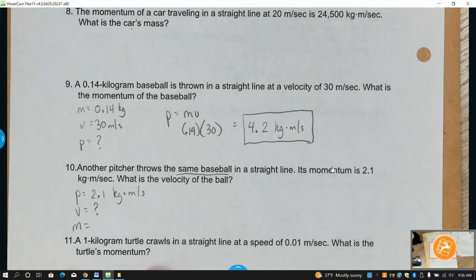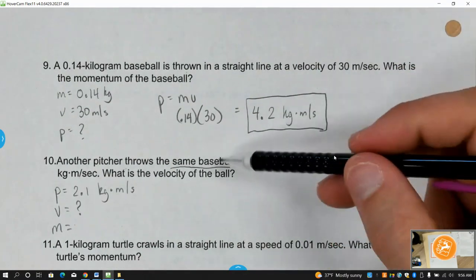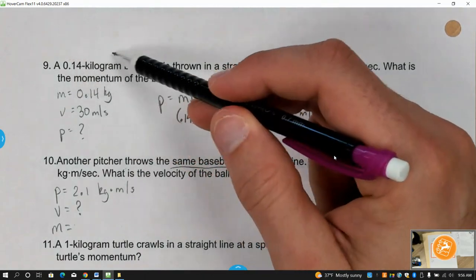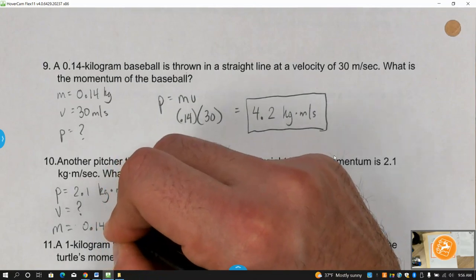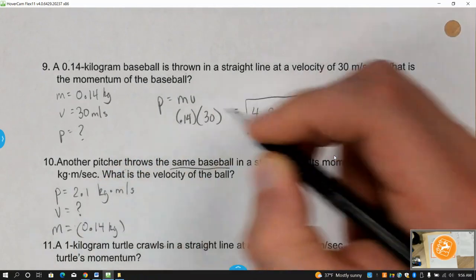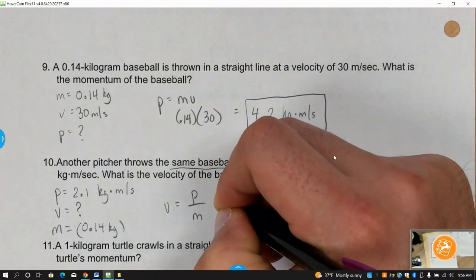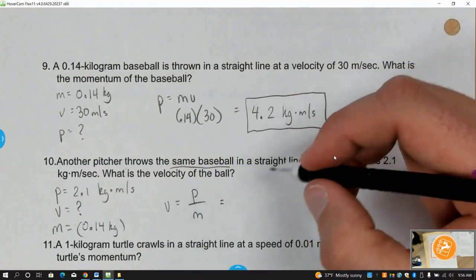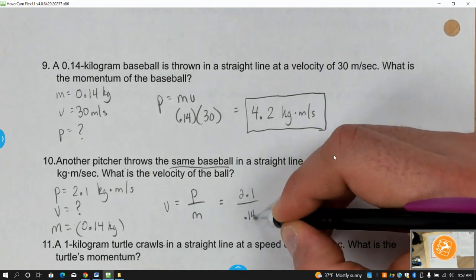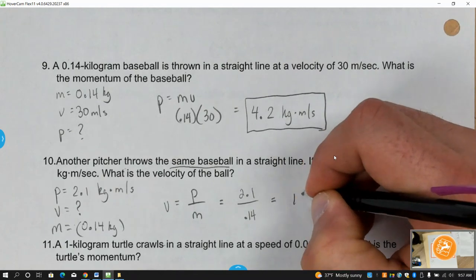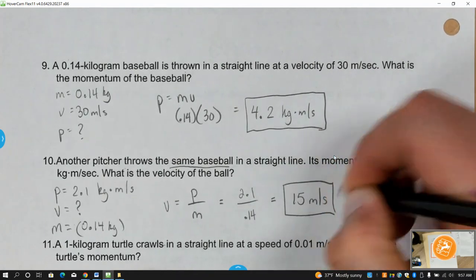Well, if they're talking about the same baseball, then it would have the same mass, the mass of the ball from the previous problem. Velocity is p over m, in which case you are doing 2.1 over 0.14, and you are kicking out a velocity here of 15 meters per second.